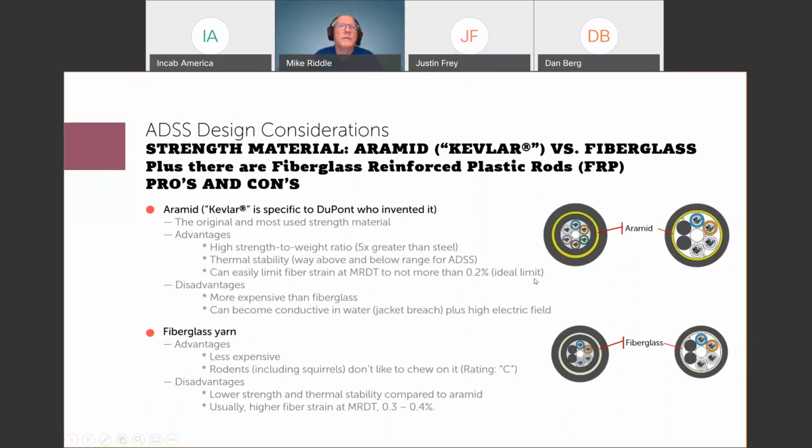0.2% is a limit that Corning put out in a paper they published in the early 1990s. The short summary of that paper was that if you're going to allow strain on fiber, it was good to limit it to 0.2% or less.